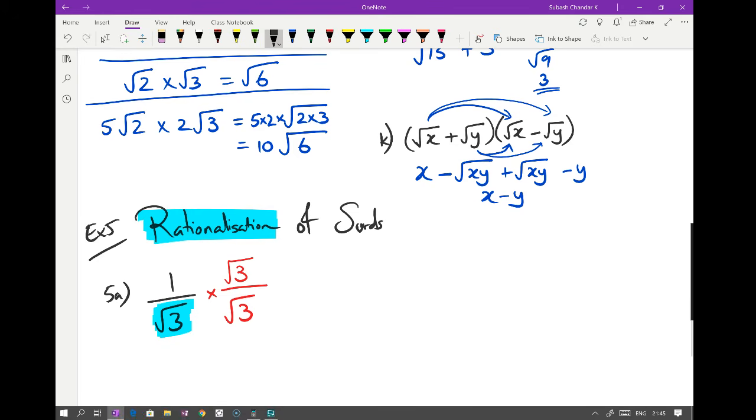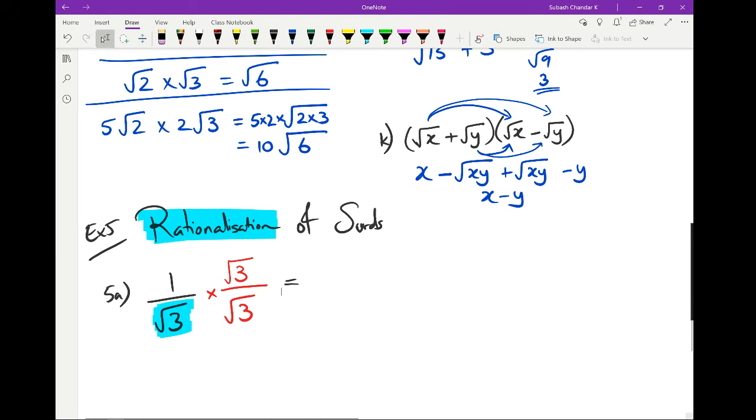And so when we do this, the two numerators get multiplied by each other, which means you're going to get square root of 3 times 1, which is equal to square root of 3. And then in the denominator, square root of 3 times square root of 3 is going to be positive 3. All right, this is all that there is to rationalization of surds, because if you look at the denominator now, it does not have a square root symbol at the bottom. So that means we have rationalized it.